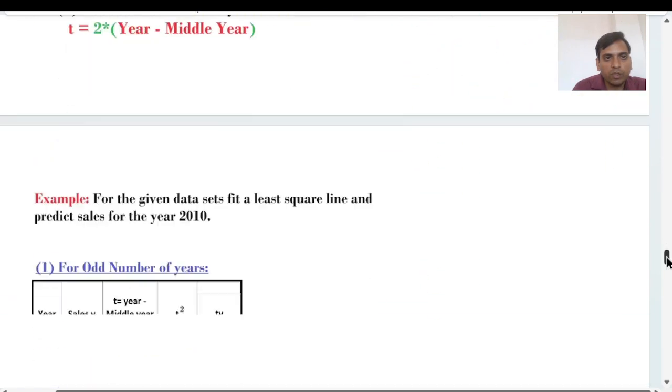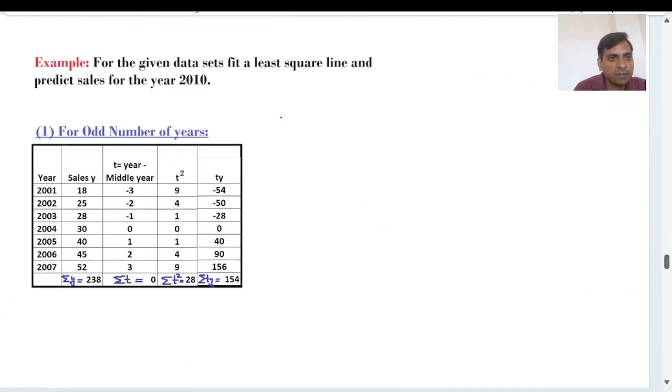We have this data set, which is historical data from 2001 to 2007, and it is a time series because of historical data, or we can say chronological data. The first variable is X, the second variable is Y. Now we need to predict sales for the year 2010. To solve this kind of problem, we will apply the least square method.